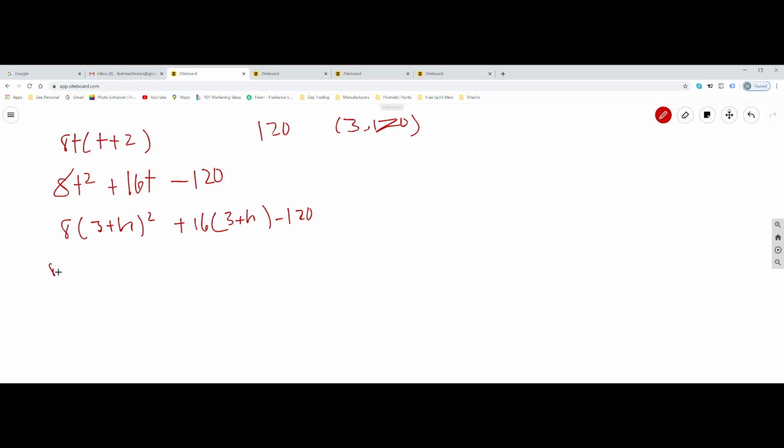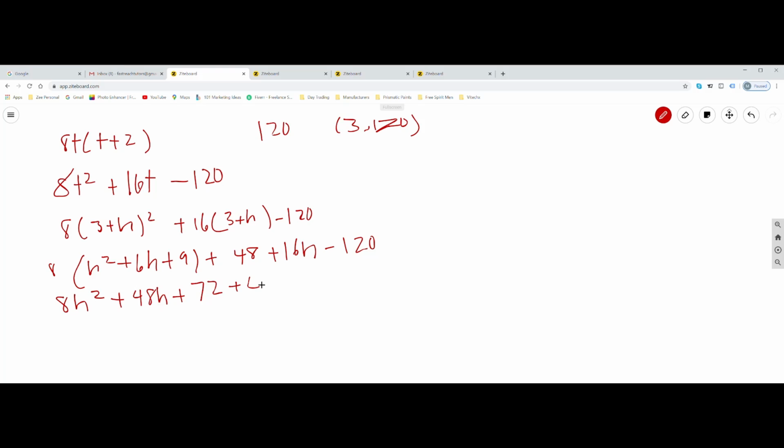So you have 8 times h squared plus 6h plus 9, plus 48 plus 16h, minus 120. And you have 8h squared plus 48h plus 72 plus 48 plus 16h minus 120.